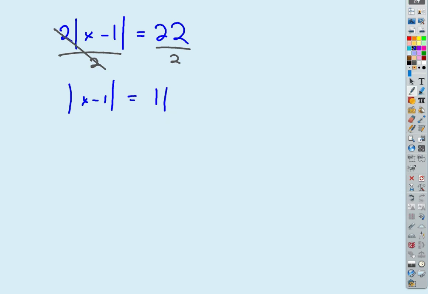So far, the first thing we do is always isolate the absolute value, right? There's the first part.